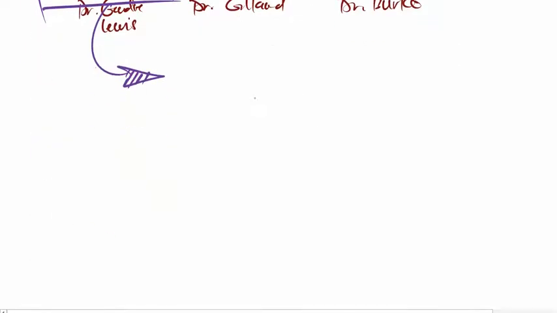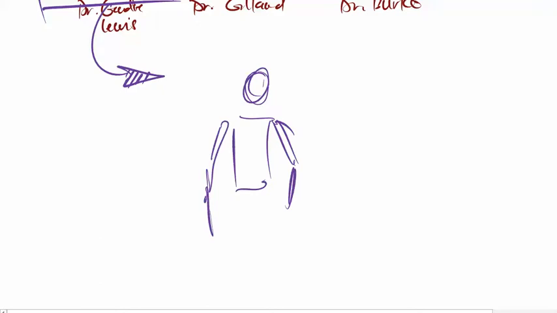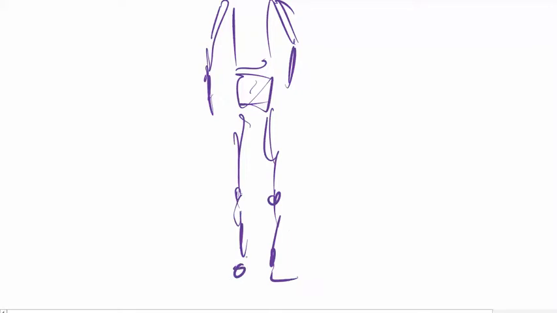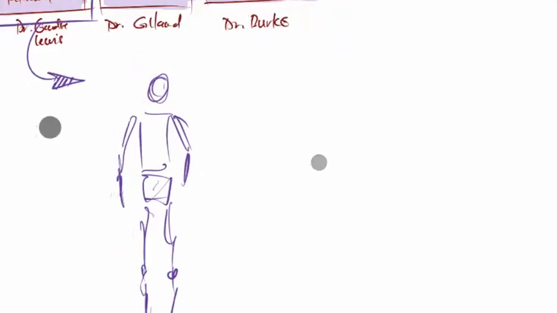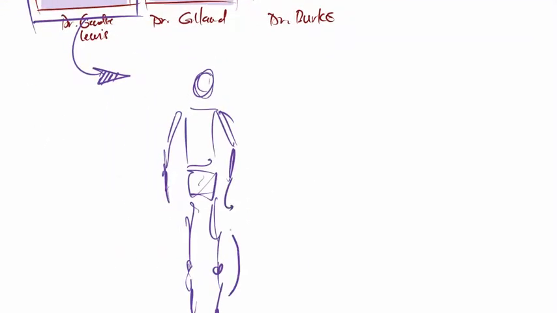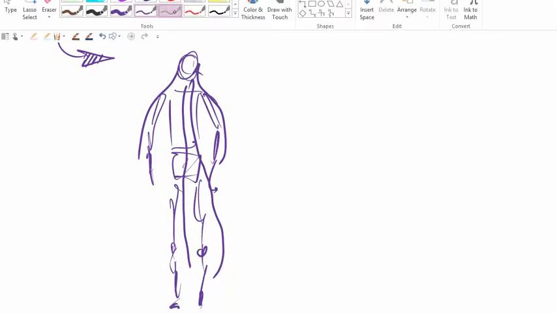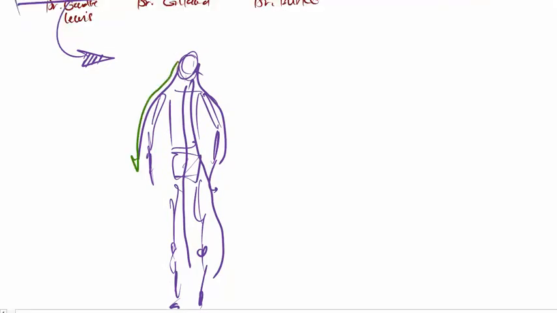So let's say this is someone right here. If we're saying ascending, then we're saying that the information is going back to the brain, as opposed to the information going from the brain to the rest of the body, right?